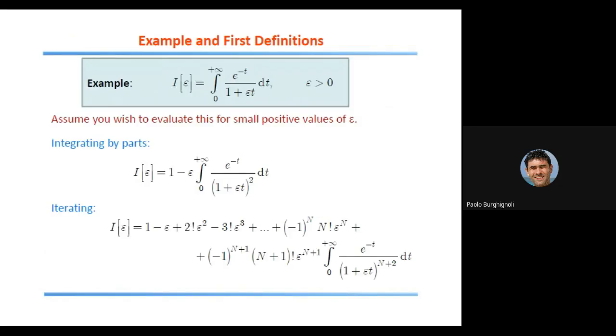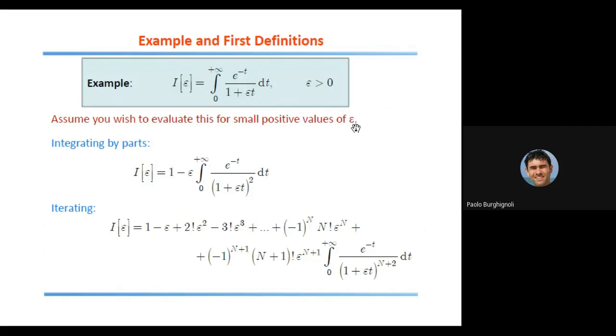To do that, we will consider another example, this time even simpler, because we will consider everything on the real axis. So an integral with respect to a real variable t of a real function of t, which is e to the minus t divided by the polynomial 1 plus epsilon t, where epsilon now is a real positive quantity, which, as its name suggests, will be considered in the limit when it goes to 0.